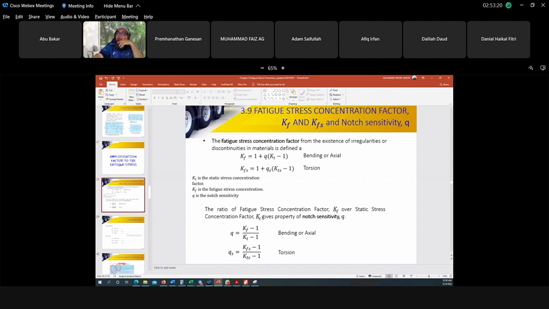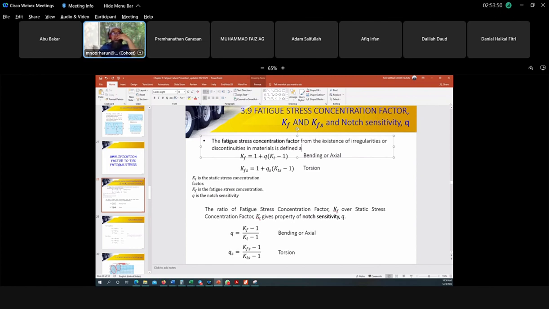Okay, so nama pun fatigue stress concentration factor, from the existence of irregularities or discontinuities in materials. Dia ada perbezaan saiz yang menyebabkan stres tu akan terganggu. Stres normally kalau you tengok stress flow is the straight line.